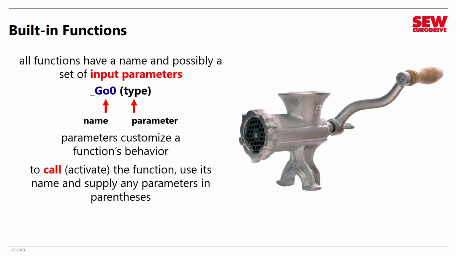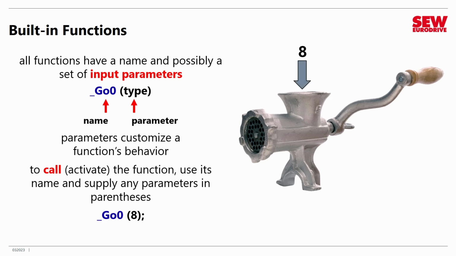We call functions, that means activate them so they do their thing, by using their name, and we supply any parameters that are required in parentheses. So for example, with _go0, we might say _go0 and then give it an 8. And 8 would tell it to modify its behavior in a particular way. So it's kind of like this.